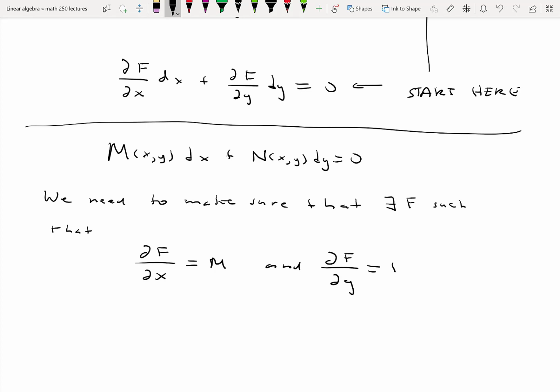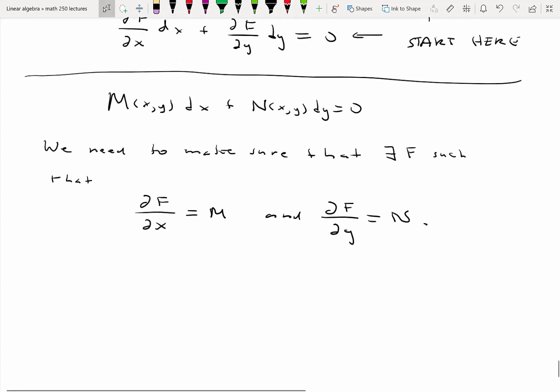It does not necessarily have to be the case that we can even go backwards from what I have above. We can only go backwards if those coefficients of dx and dy are partial derivatives of the solution function. Okay?